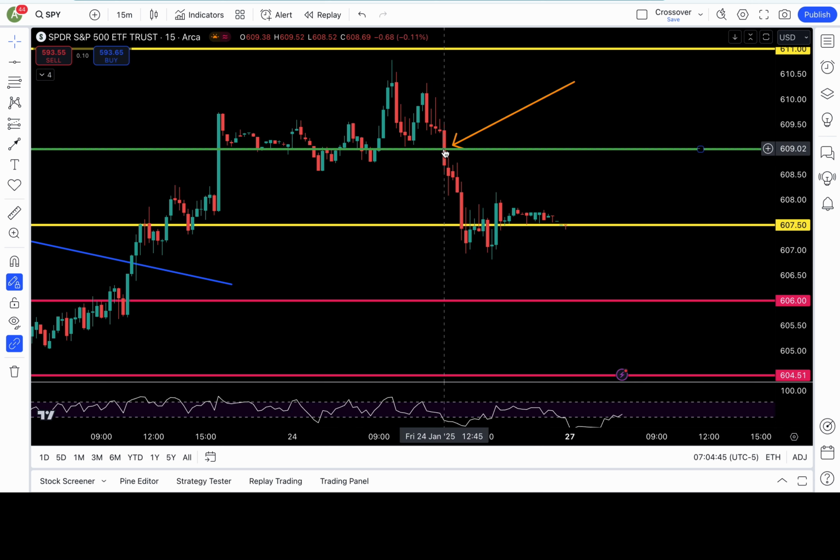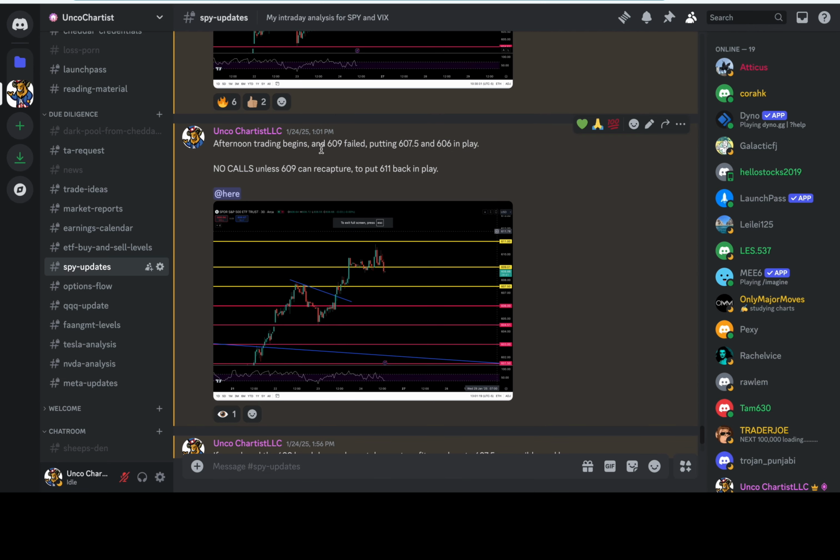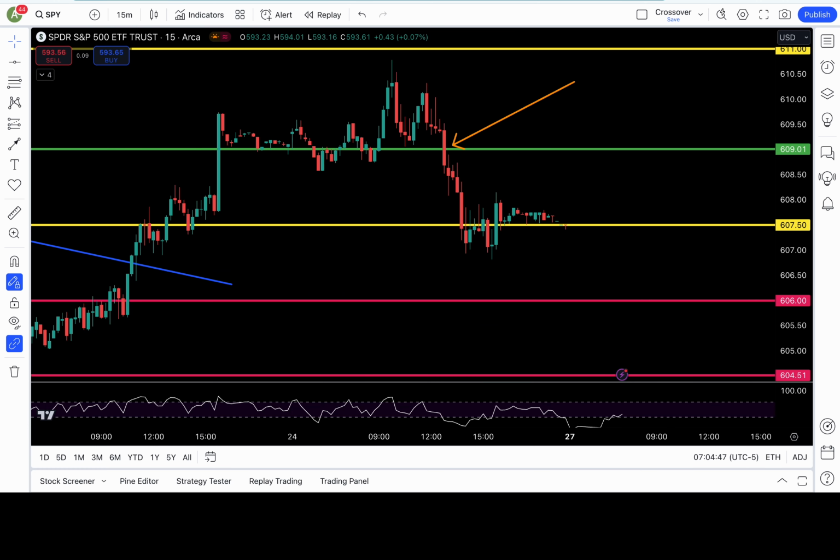We got the breakdown of 609, which triggers puts. And I wrote in the Discord, afternoon trading begins and 609 failed, putting the lower targets in place, 607.5 and 606. In that one day, SPY, after breaking down 609, managed to drop down to a low of 606.8-ish, right around there, which was a decent level-to-level move.